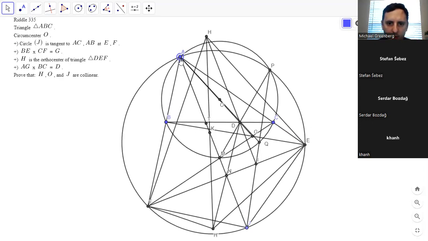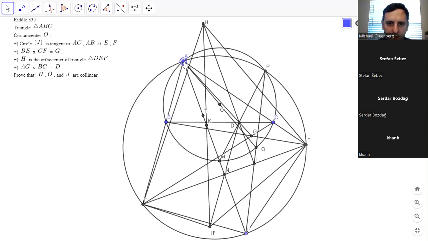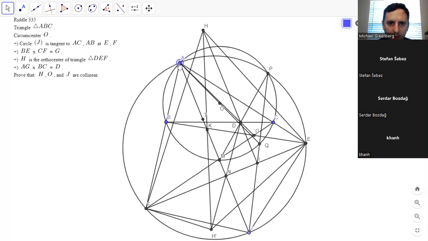All right, I will do it something like this. It's getting a little messy, I know, but it's hard to draw a good diagram here.